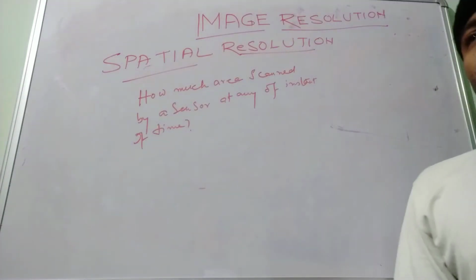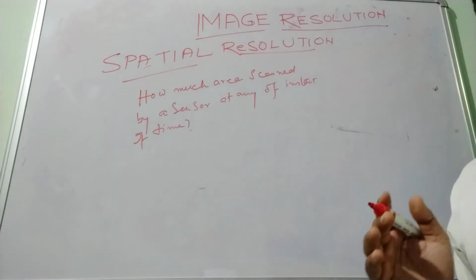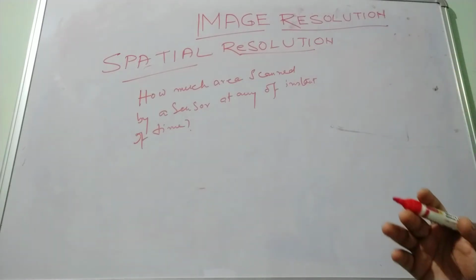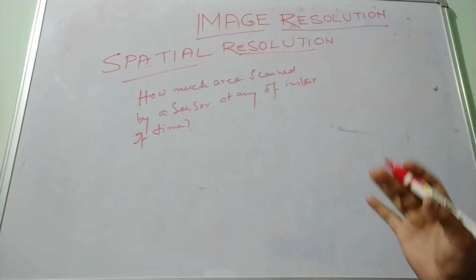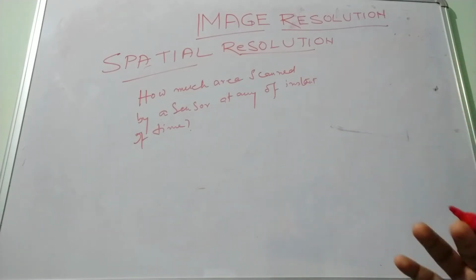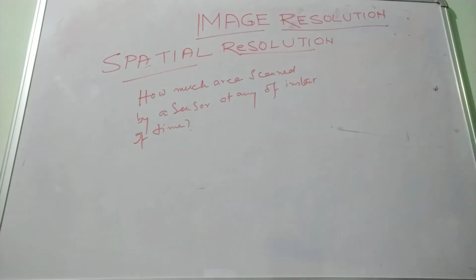For example, my eye is a sensor, right? So I just open my eye and close my eye. How much area have I seen within this particular instant of time? This is my spatial resolution.